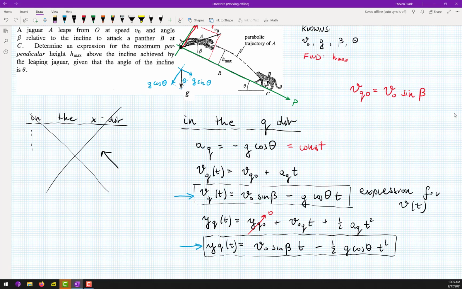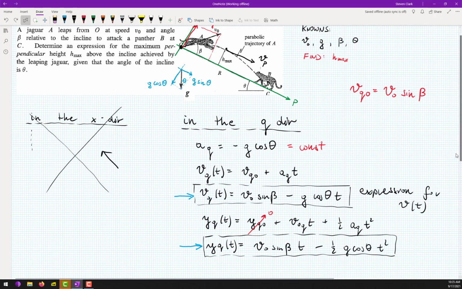At h max, velocity is zero. Exactly. Yeah, because basically at that point our velocity will be pointing like that. That would be only in the p direction. So in the q direction, there is no velocity. Perfect. Thank you so much.